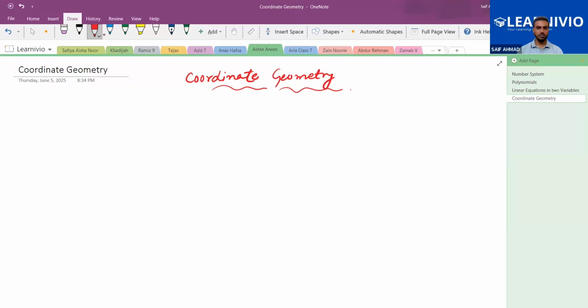No. So lines and angles is coming in your exam. Actually, in our school, we started lines and angles after polynomials. No problem. We will do lines and angles later, after this.